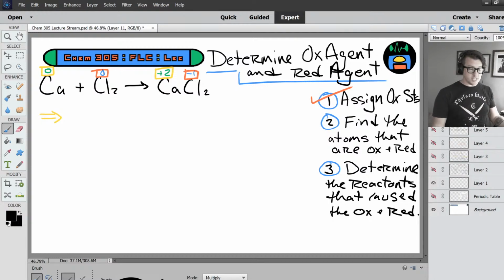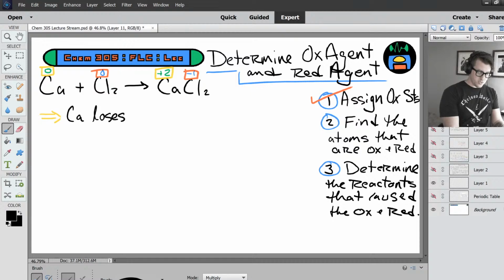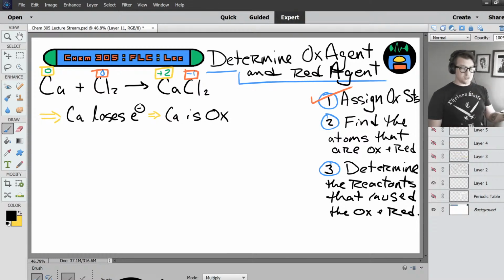That means it has lost electrons, right? Calcium loses electrons, which means that calcium is oxidized. All right, lose electrons, oxidation.